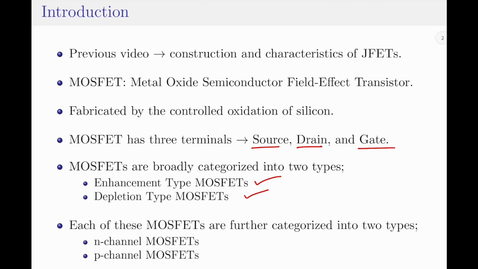In a depletion type MOSFET, the channel will already be there, whereas in an enhancement type MOSFET, we have to create the channel by applying voltages to the terminals of the MOSFET. Further, each of these MOSFETs, both enhancement as well as depletion, are categorized depending upon the type of the channel as N-channel MOSFET and P-channel MOSFET.